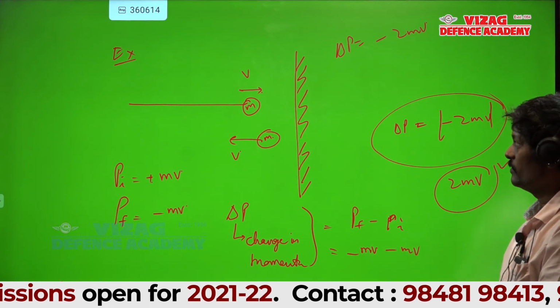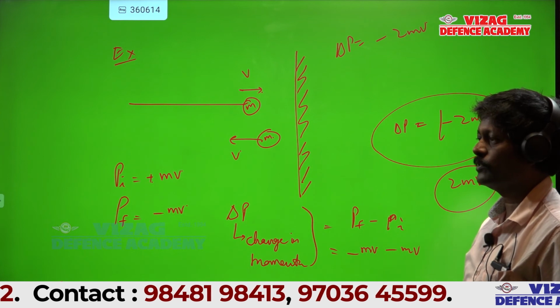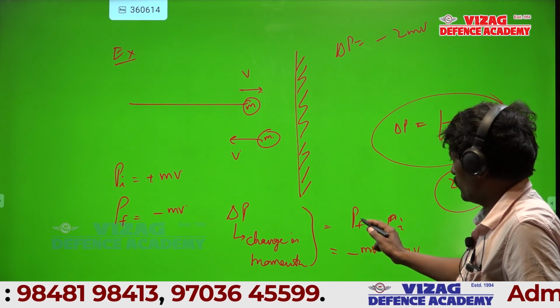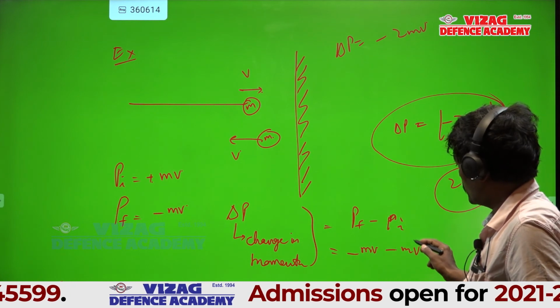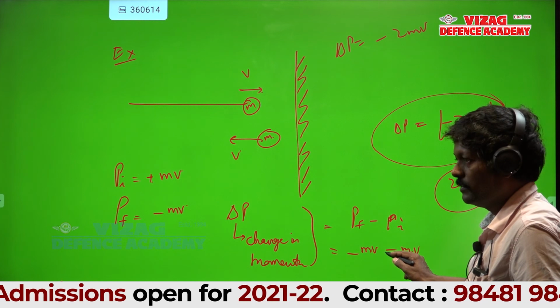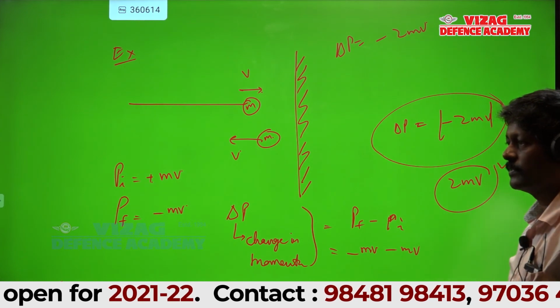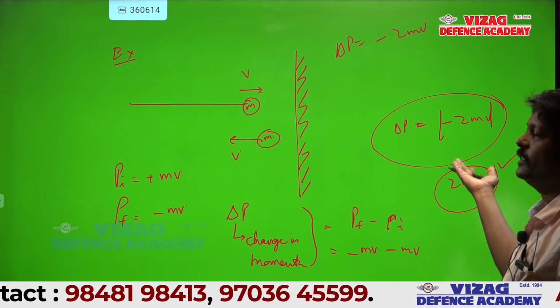Which is correct? Not 0. Just now I told you how it is not 0. Final momentum is minus mv, initial momentum is plus mv, with the minus in the formula. Final momentum means when it is moving towards the left, and initial momentum is when it is moving towards the right.